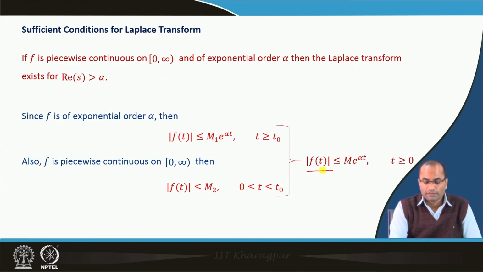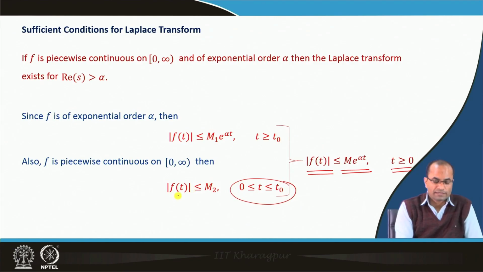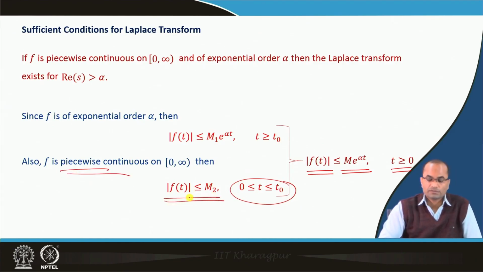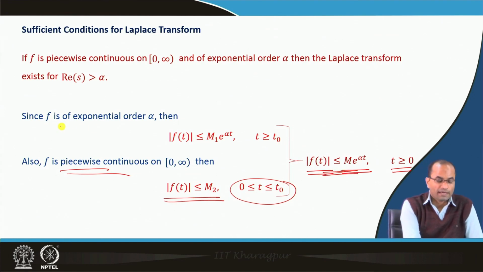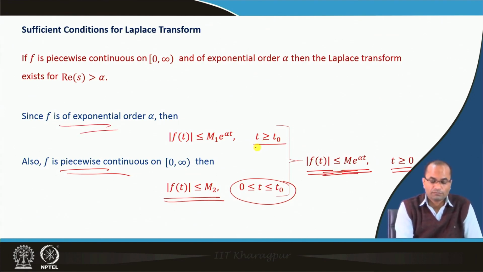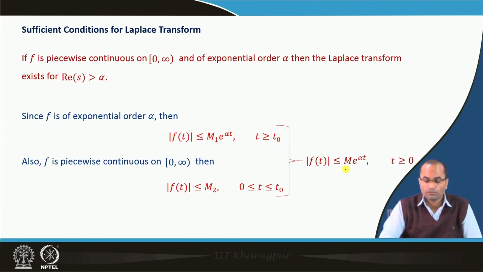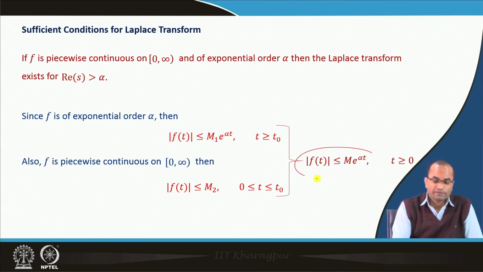So, we have the function f which is bounded by M e^(αt) in the whole range t greater than 0. In the range 0 to t₀, the piecewise continuity was responsible for such an inequality, and in the range t greater than t₀, the exponential order helped us get the inequality that |f(t)| is bounded for all t greater than 0 by M e^(αt).